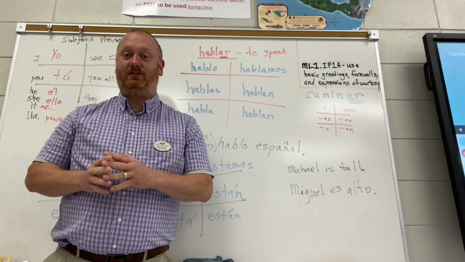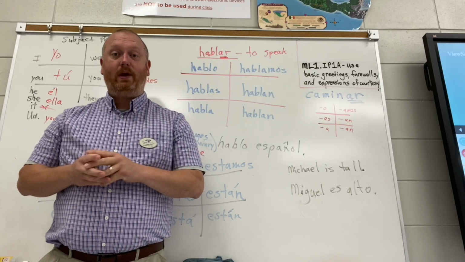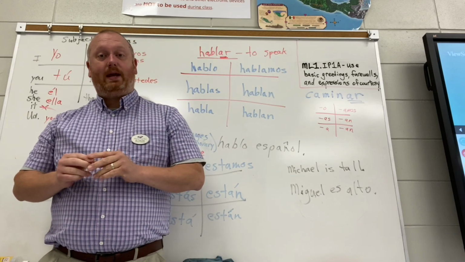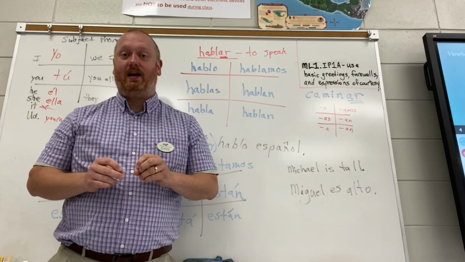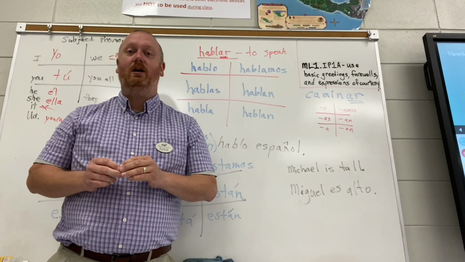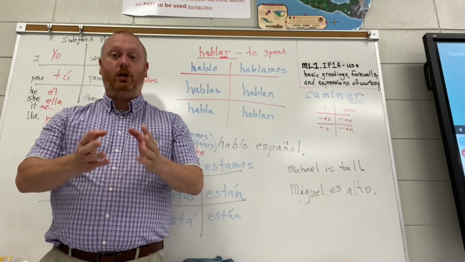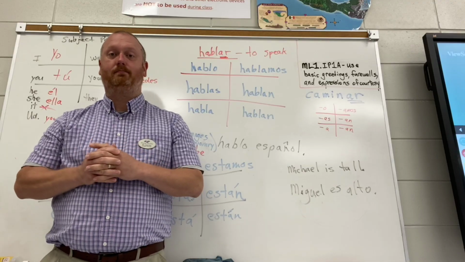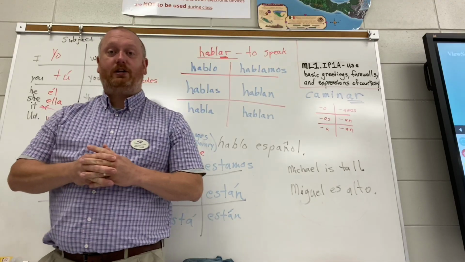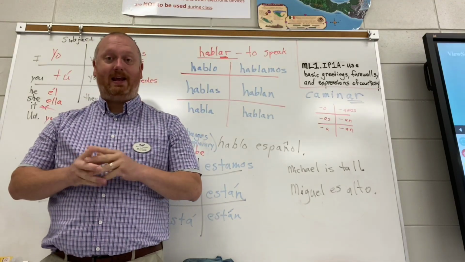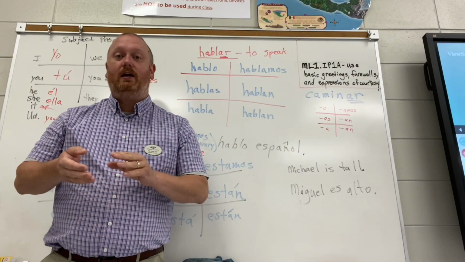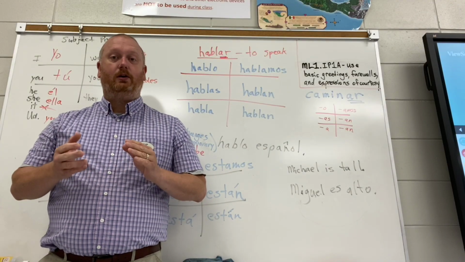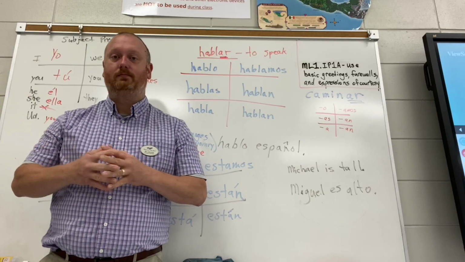And ¿Cómo está usted? And we noticed that when the verb ends in as, estás, for example, it's referring to you, the tú form. And we also noticed that when it's ending in an a, like ¿Cómo está usted?, it's referring to you formal.